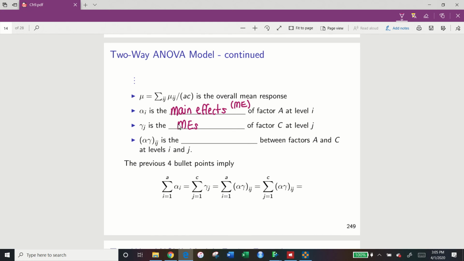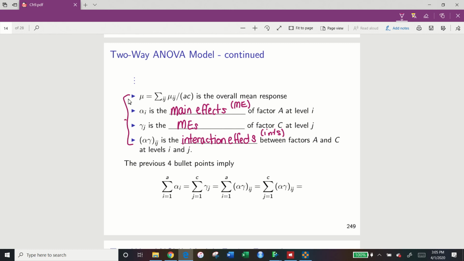And alpha times gamma ij is the interaction effects, which you may see me abbreviate as INTS, between factors A and C at levels i and j.